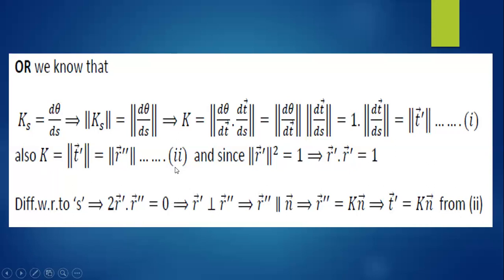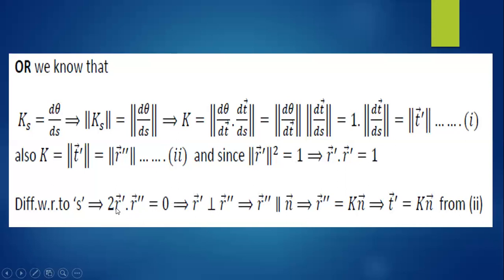And since the norm squared of r prime is equal to 1, r prime dot r prime is equal to 1. Differentiating this equation with respect to s, we get 2 r prime dot r double prime equal to 0, as the right hand side is 0.